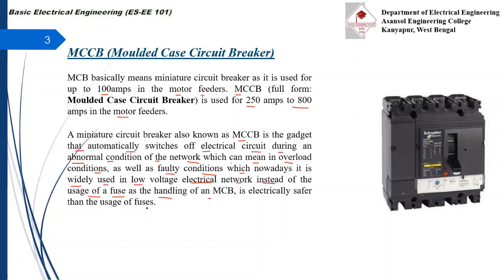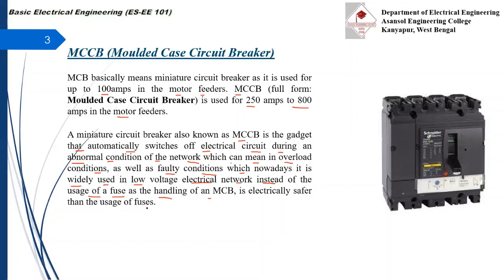So if more than the rated current flows through that wire, the wire will melt and disconnect the system, but it does not ensure the safety of the rest of the circuit. That's why we require MCB.